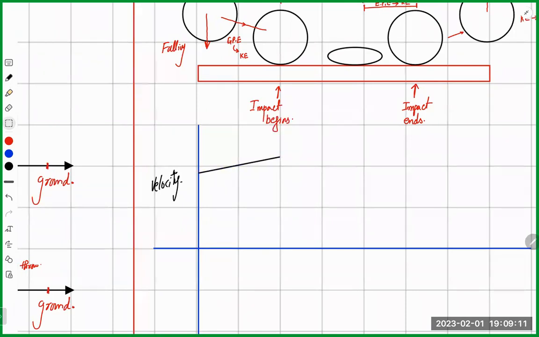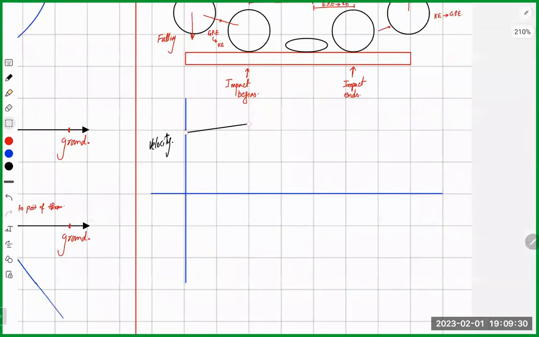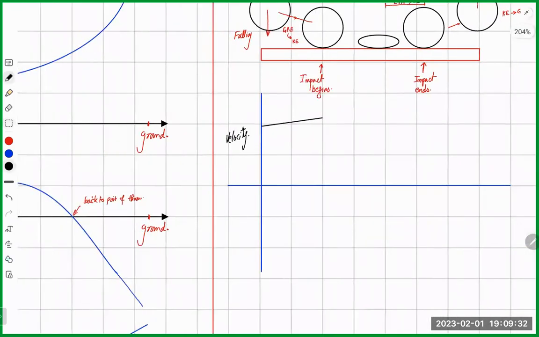And believe me, this is the acceleration, or this is the gradient, of 10 meters per second squared. But because I know I have to show a lot more acceleration than this, I have to make this gradient look very small. Even this would not be according to the scale, but still it will be very close. Then speed reduces to 0, and then it increases in the opposite direction.